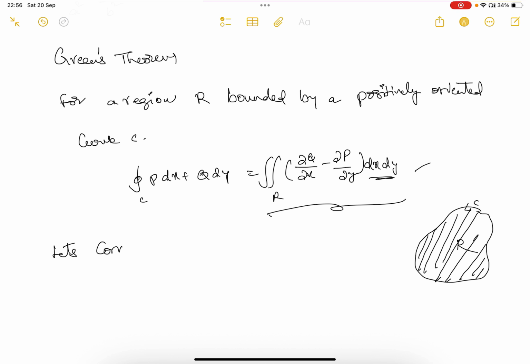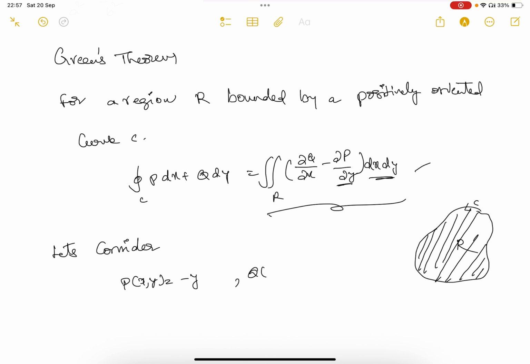So let's consider the easiest way. As you can see, P of x comma y, there is dou P by dou y. If P of x comma y is minus y, then it will be minus 1, and minus of minus 1 you will get plus 1.